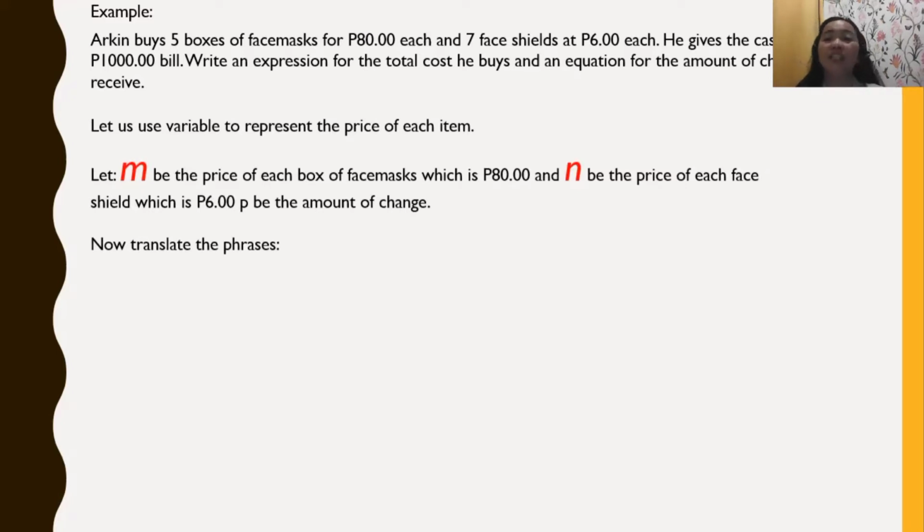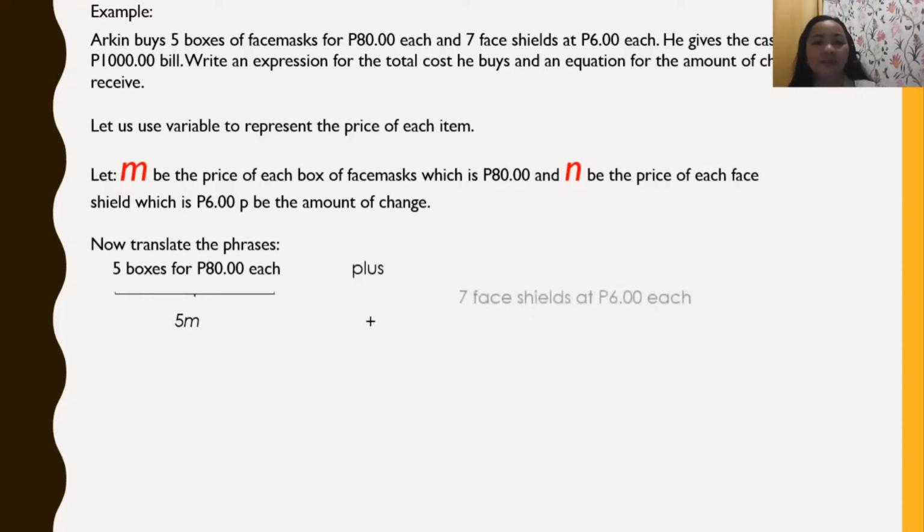Now, let us translate the phrases. 5 boxes for 80 pesos each. Dahil nga, yung price daw ng box ay gagawin nating M. So, we have here 5M. Plus, 7 face shields at 6 pesos each. Yung 6 pesos each, gagawin nating N. So, we have 7N.